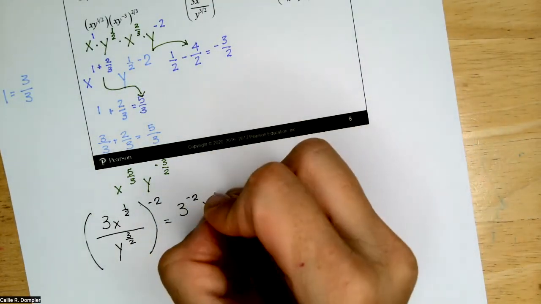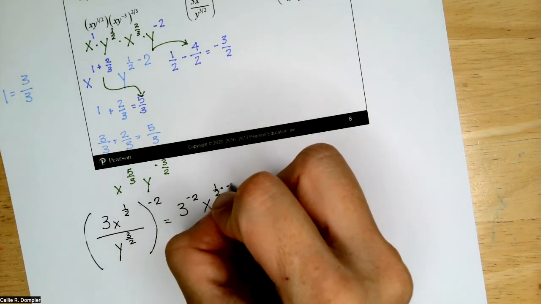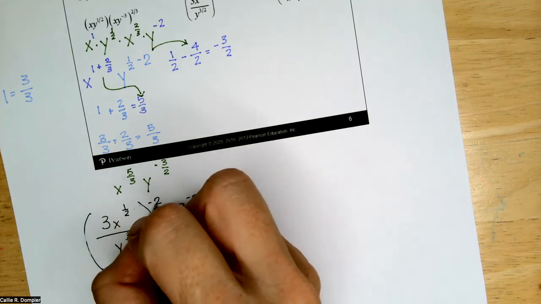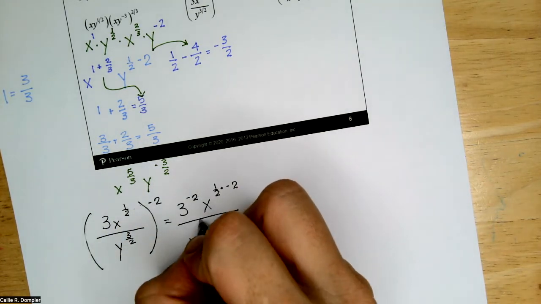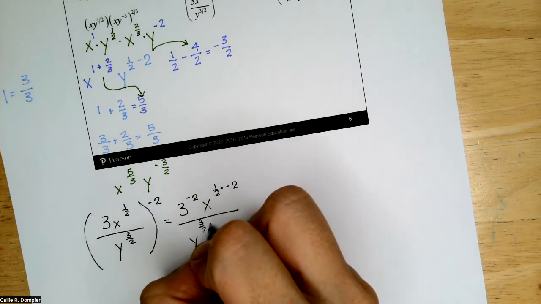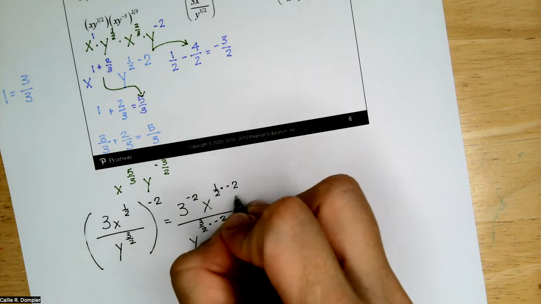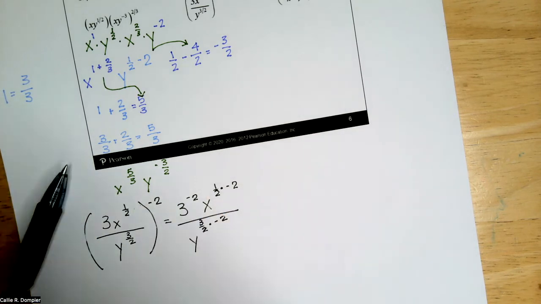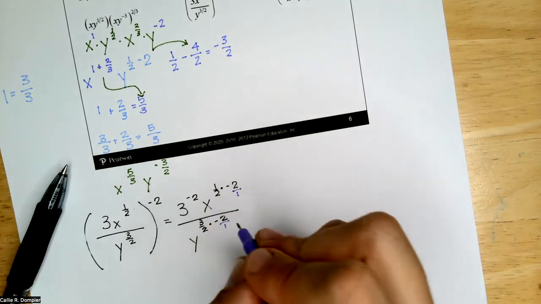X, remember, it's 1/2 times -2. You can't add them because you're actually raising it to that power. Over y to the 3/2 times -2. When we're multiplying fractions, you just multiply straight across. So I want to turn that -2 into a fraction, put it over 1.